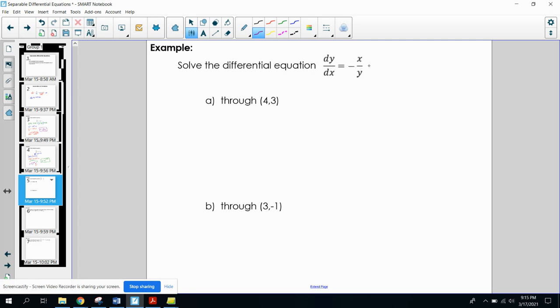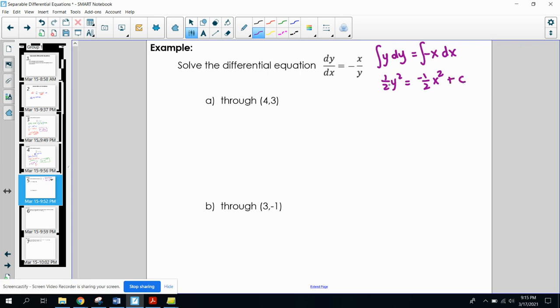So I'm going to multiply both sides by y, multiply both sides by dx. So I'll get y dy equals negative x dx. Now I'm going to take the antiderivative by taking the integral. This is going to give me 1 half y squared equals negative 1 half x squared plus c.